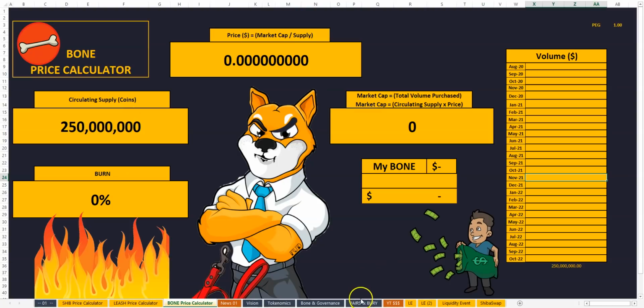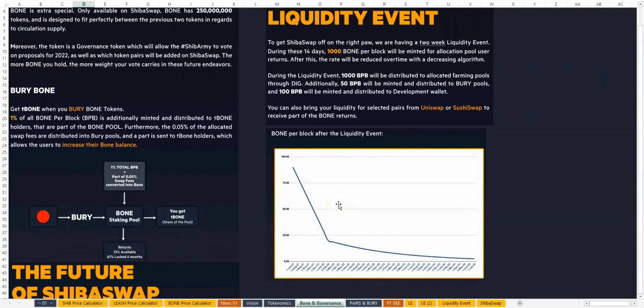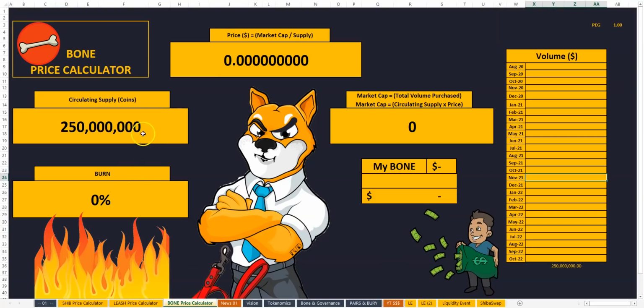And if you look on the Woof paper, it's going to take approximately, I think, maybe 3.5 years for all of those Bones to be created. But most of that is going to take place within the first year. In fact, a big significant portion of it is actually going to take place within 2 weeks. That's the liquidity event. And in those 2 weeks, that's when we have opportunity to get this Bone.